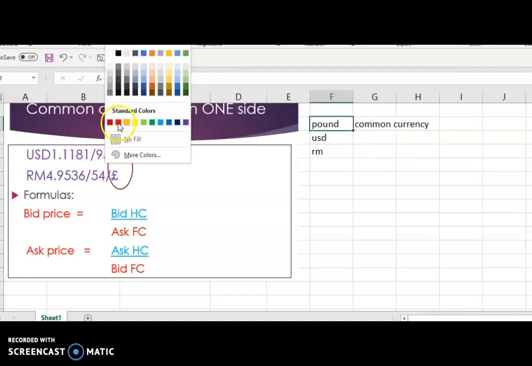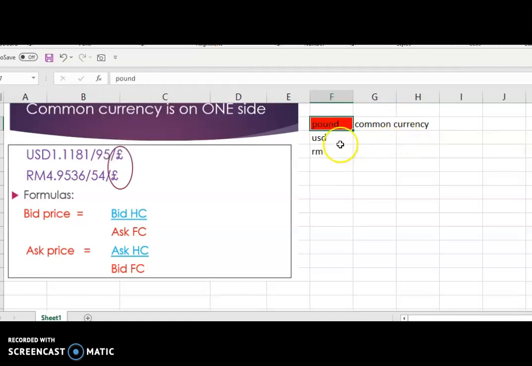Why do we need to ignore it? Because I don't want to find pound, I want to find USD and RM. Since RM is the weak currency, RM will be the home currency, and USD will be the foreign currency. Now I put it in the formula to find the bid price for one unit side.